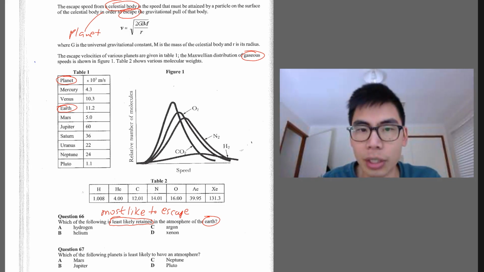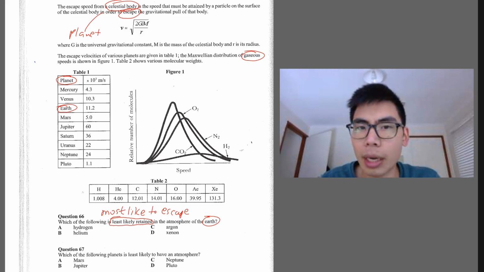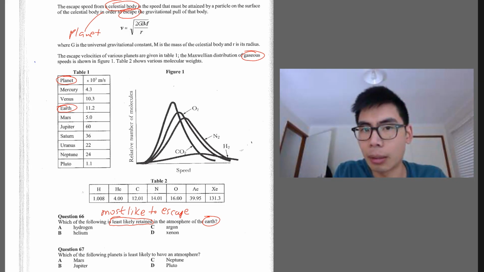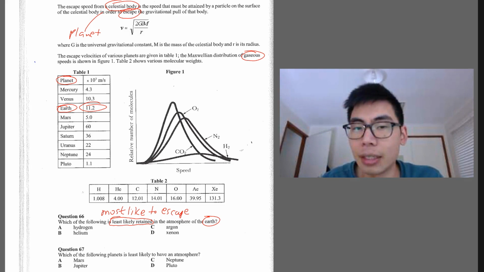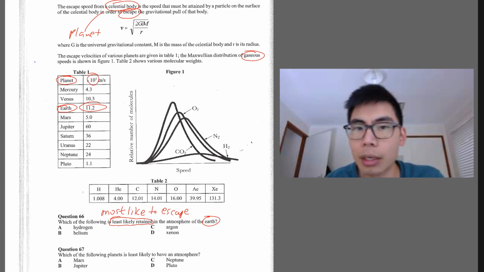Okay, let's go back to the question now. So, which of the following is most likely to escape from the Earth? Now, if you look at table 1, it mentions Earth, and also look at the reference, it says that table 1 tells us the escape velocities for various planets. So for the Earth, the escape velocity is 11.2 times 10 to the 3 meters per second.